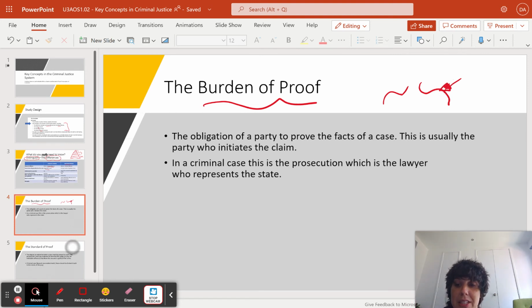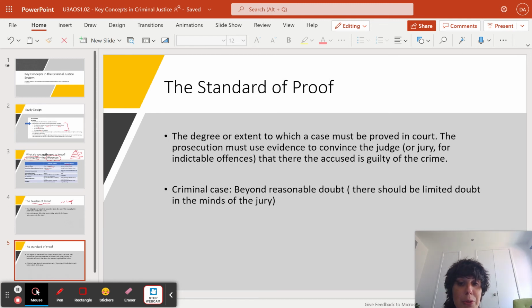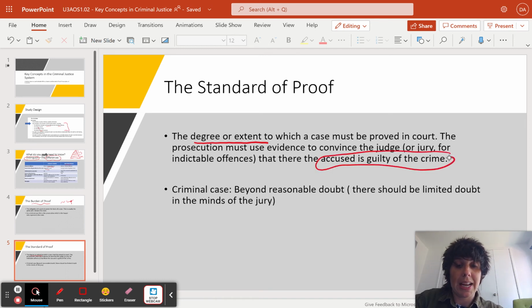This is different from the standard of proof. The standard of proof is the degree or extent to which a case must be proved in court. Okay, so how much can you convince the judge or the jury for an indictable offence that the accused is guilty of a crime? So how much do you need to convince them? In a criminal case, the standard of proof is known as beyond reasonable doubt.